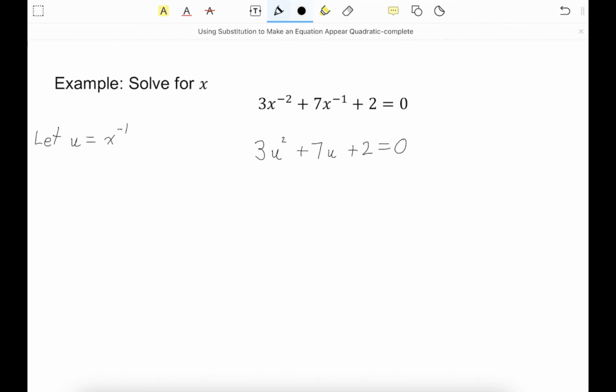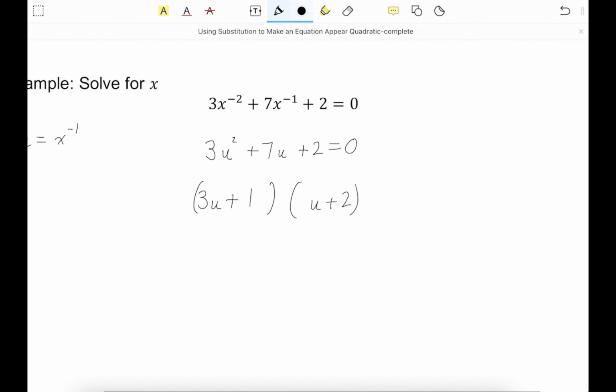And now I can factor this. So 3u and 1u, they're both going to be plus. And I'll put the 2 on this one, so I get 6 and 1, gives me 7.